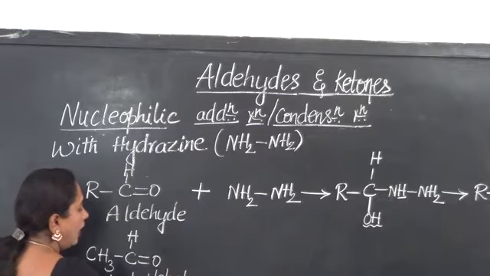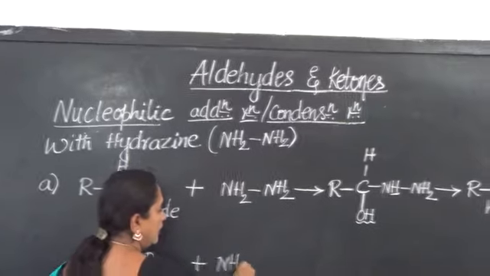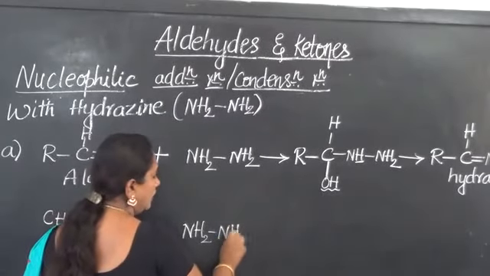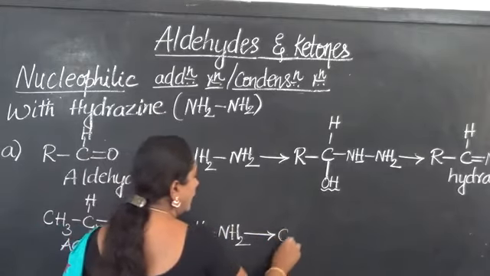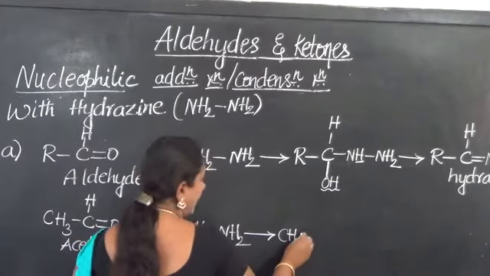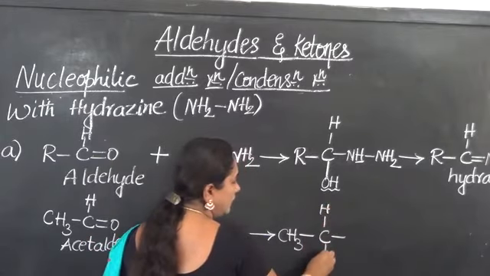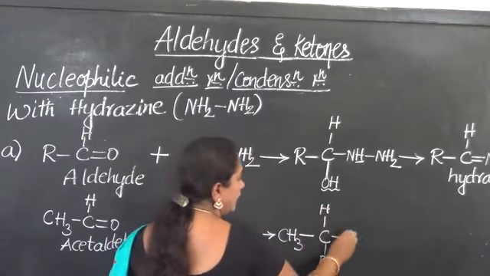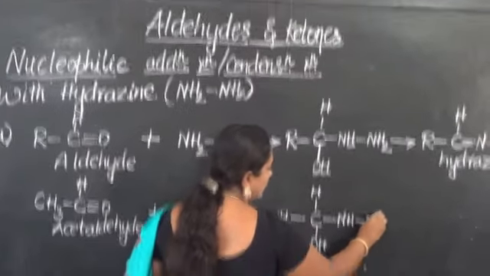This will add with hydrazine, NH2 linked with NH2, in the first step. It will form the addition product. Instead of R, we have replaced it with CH3. So CH3 single bond C, above with hydrogen, below with OH, on the side with NH, then NH2.